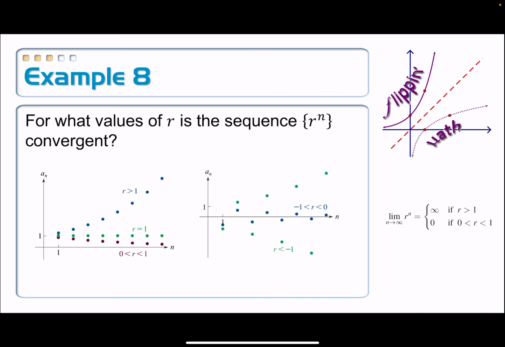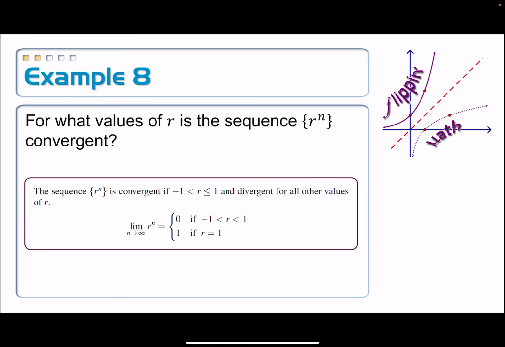Okay, but then here, what happens whenever we have some negative ones in there? Well, anything that's less than negative 1 is still going to diverge. Anything that is between negative 1 and 0 is going to oscillate closer and closer to the x-axis, and also get closer and closer to 0. So they're also convergent.